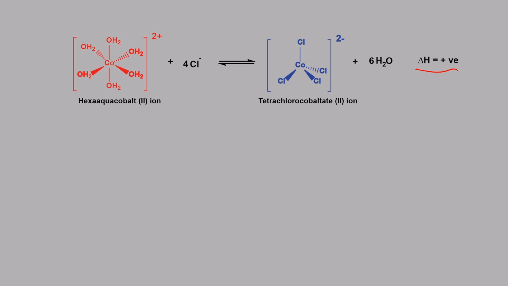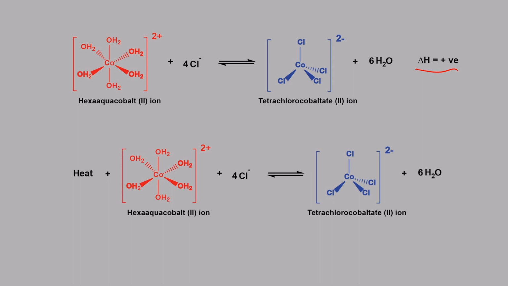So because it takes energy to do the reaction, we can think about this reaction as adding heat over to the reactant side. We've got to increase the amount of energy in the system to get the reaction to proceed. So when we do that, we can then see that if we increase the amount of energy in the system, then the reaction will proceed in a direction to minimize that change.